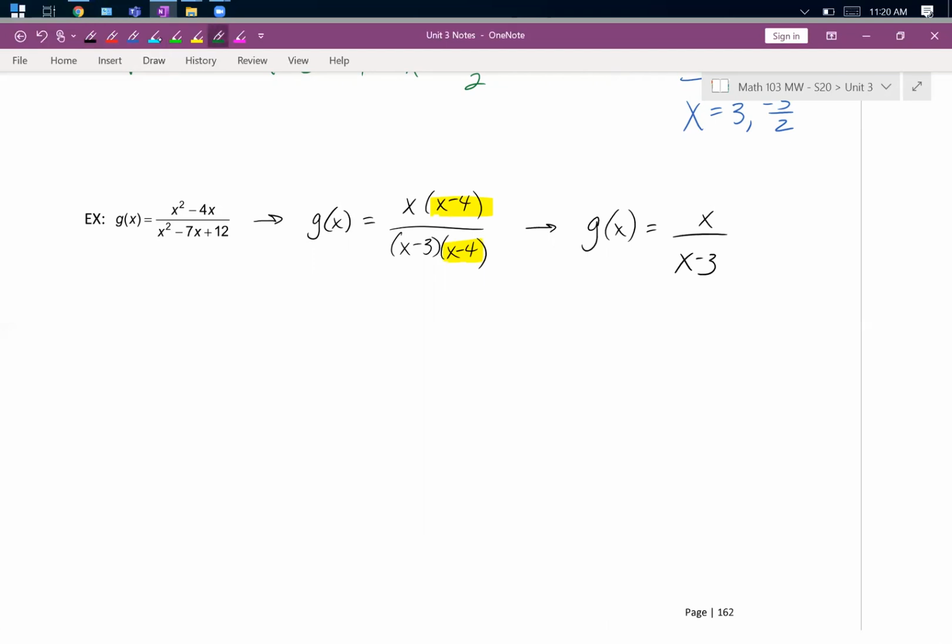There was a common factor, therefore there's going to be a hole. And that hole is at the zero of that common factor. So we're going to have a hole at x equals 4. And again, got to put the x equals in there. We have a hole at x equals 4. How many vertical asymptotes are we going to have?